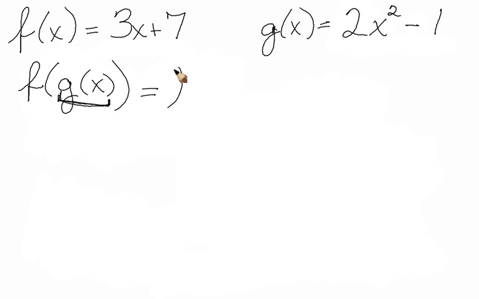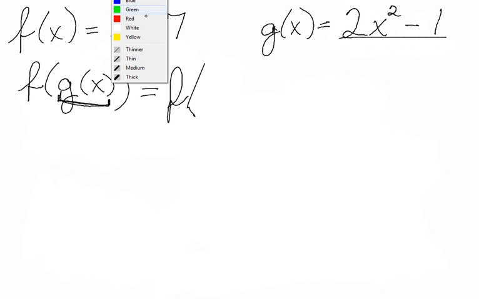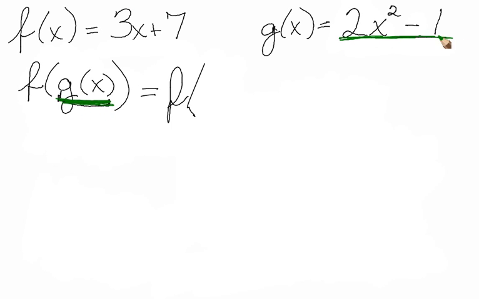What does that look like? F of, in place of g of x, we'll put in this. Okay, let me use some colors so we can have everything coded. In place of g of x, we're going to plug in this. Okay, so f of 2x squared minus 1. All right, let's go back to black.